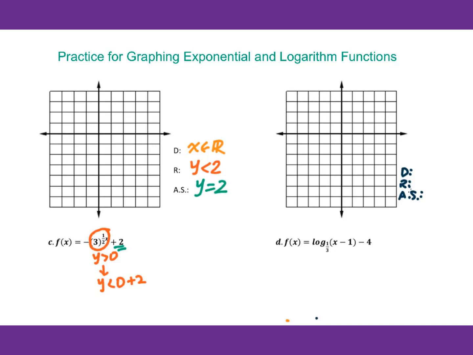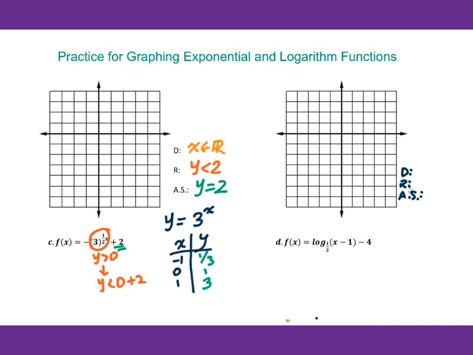For the parallel function, you have y equals 3 to the x power. Therefore, I got negative 1, 0, 1: 1 over 3, 1, and 3. So we will plot this parallel function point, negative 1, 1 over 3.